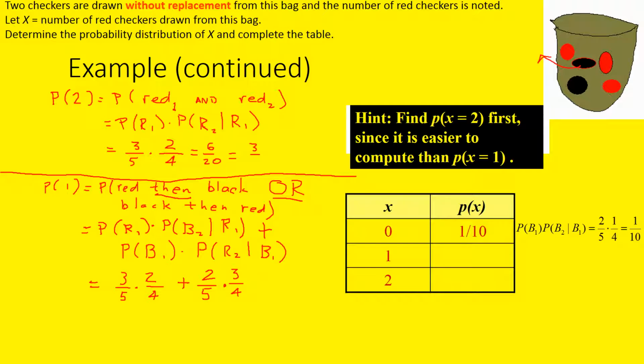Now we know that because we already have 1/10 and, wait a second, my bad, that's 3/10, isn't it?